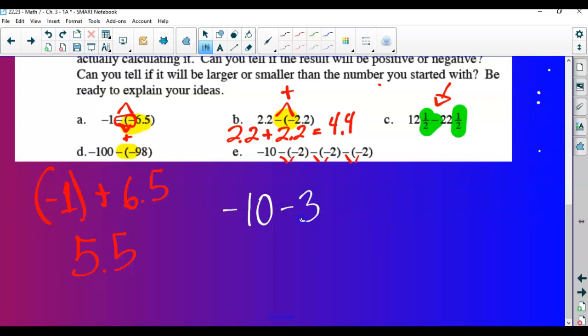So 3 negative 2s. I'm going to leave negative 10 minus alone. What's 3 times negative 2? Negative 6. What's minus a negative? Addition.